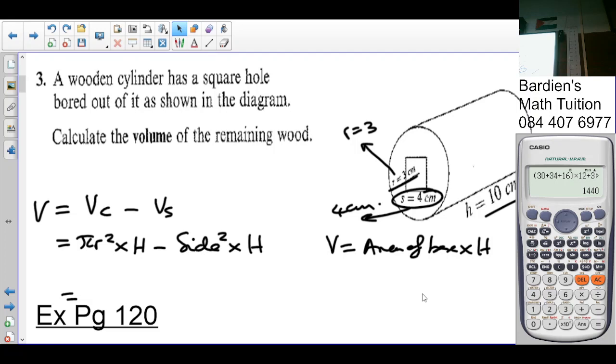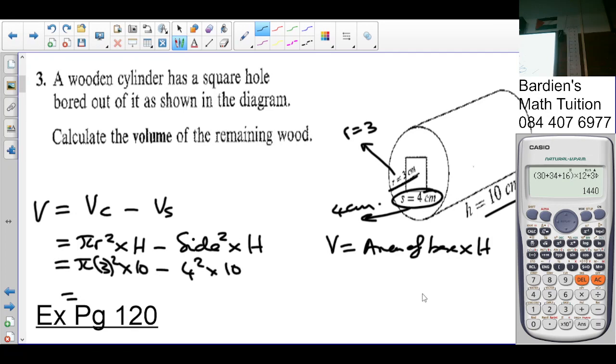Right, here we go. So volume, area of base times height, so it's going to be pi, what's my radius? 3 squared times the height, which is 10, minus side squared, which is 4 squared times 10. So that's going to be 90 pi minus 160.